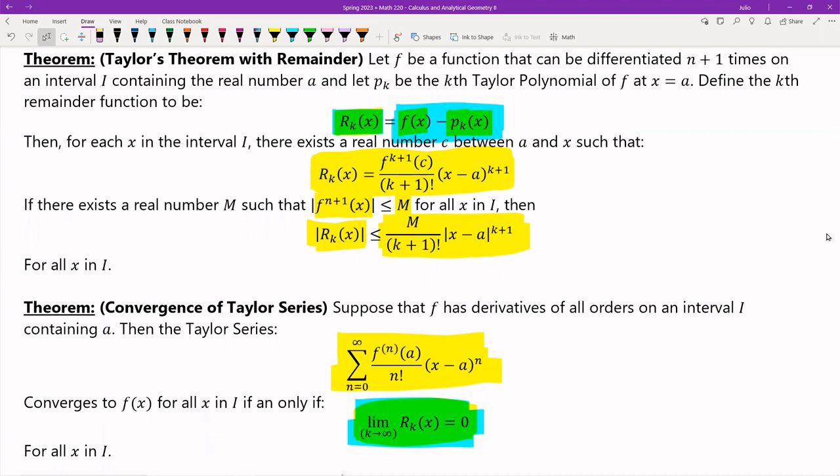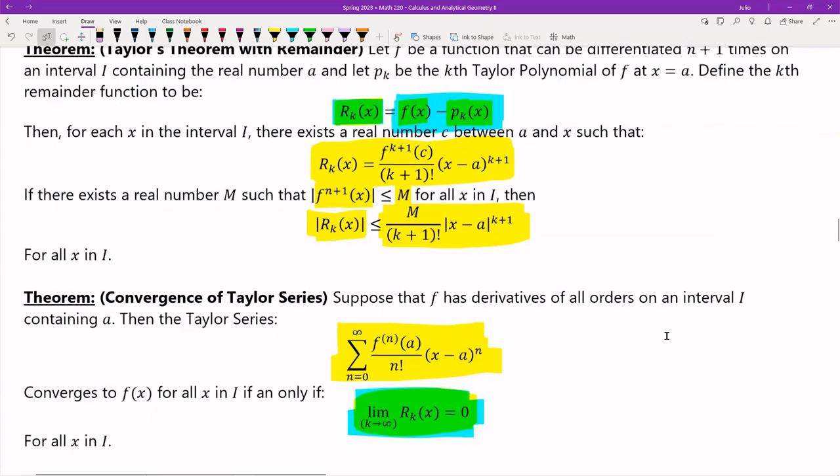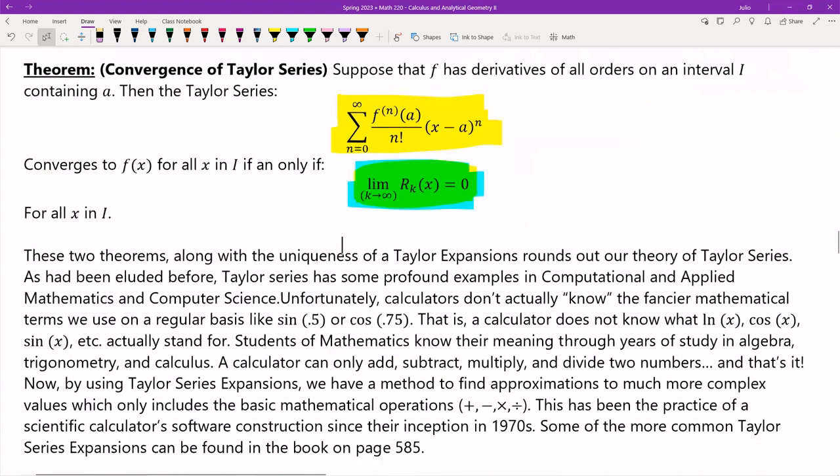If you have any function and it has all its derivatives, then you can approximate your function using a Taylor series polynomial, which is very profound. These two theorems together give us that. Now, why is it so important for us to do these things?